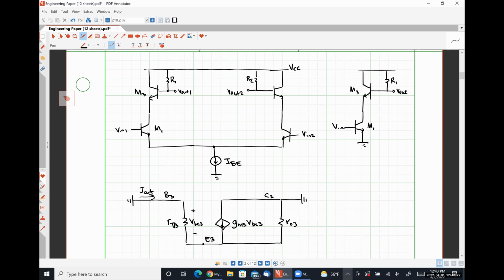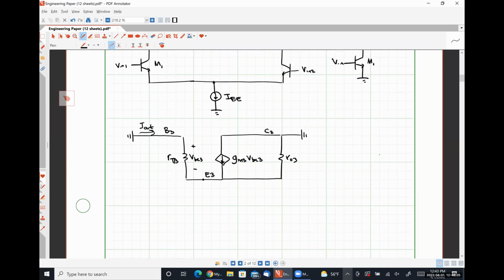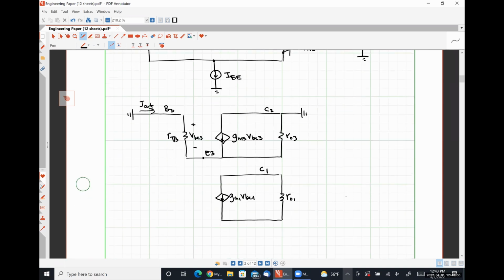So now I'm going to draw the small signal model for M1 down here. This is the collector of 1. It's tied to the emitter of 3.